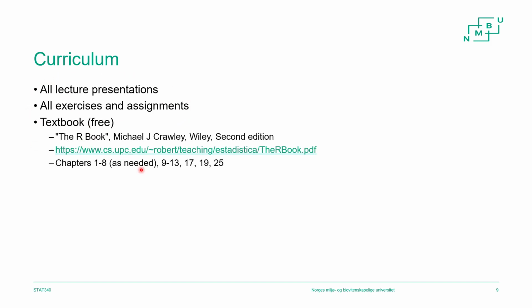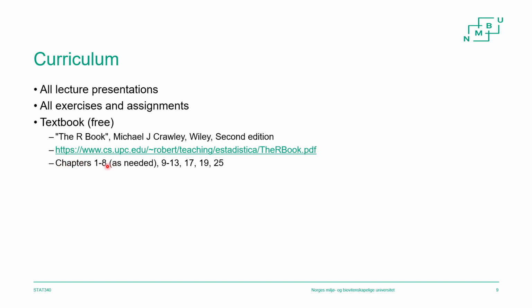There is a textbook that we use briefly, I could say. We just link to it from time to time. It's a free book. It's called the R book. It's pretty thick, so it contains a lot more than what we are visiting in this course. You can download it as a PDF and start to look at it.